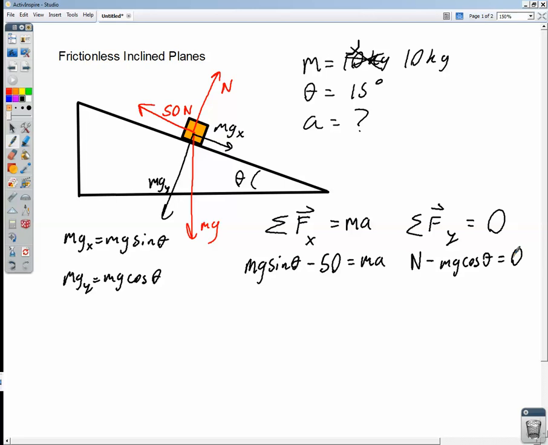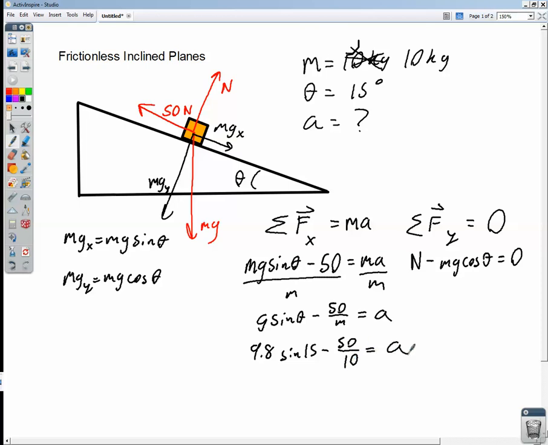We're solving for the acceleration here, so we can divide both sides by m in our x equation, and we end up with g times the sine of theta minus 50 over m is equal to the acceleration. Plugging in numbers here, we have 9.8 times the sine of 15 minus 50 divided by 10 kilograms, the mass m. That's equal to the acceleration.